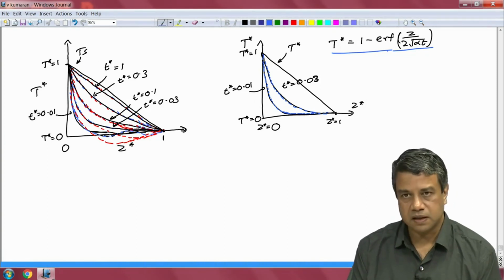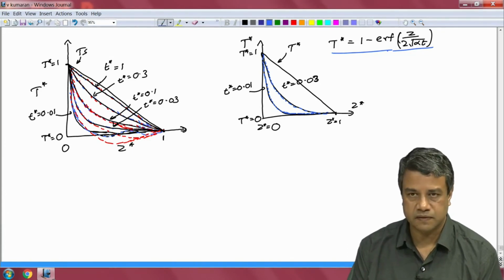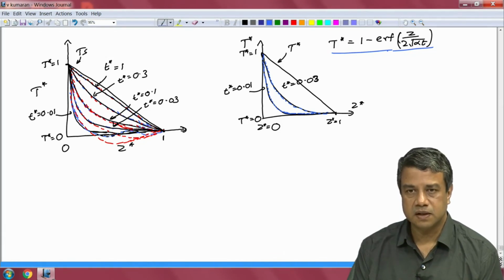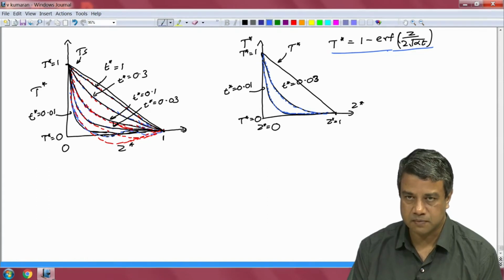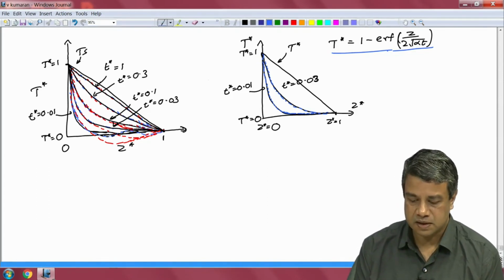But at very early times this solution actually provides you with an accurate estimate of the temperature field in this domain. Okay. So, at very early times you can use the similarity solution for conduction into an infinite medium when the penetration depth is small compared to the channel width.